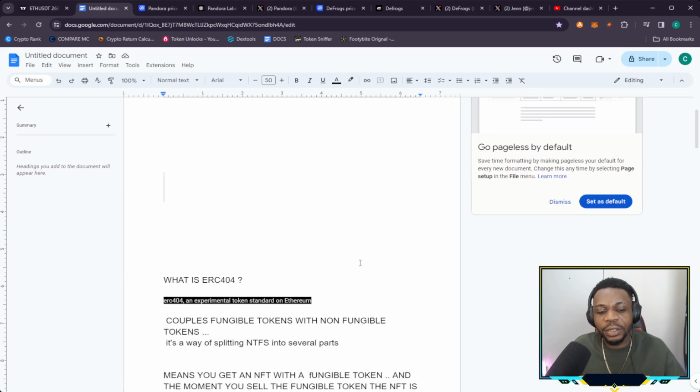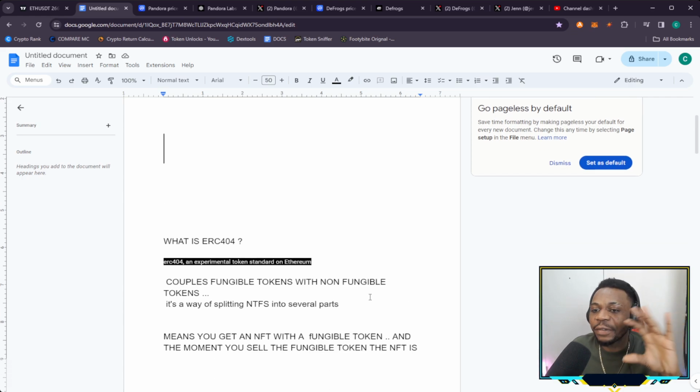What this ERC404 token is, it couples fungible tokens, which is the ERC20, the normal basic Ethereum token, like projects built on Ethereum are on ERC20, with non-fungible tokens, which is NFTs. So it couples fungible tokens with non-fungible tokens together, and it's a way of splitting an NFT into several parts.